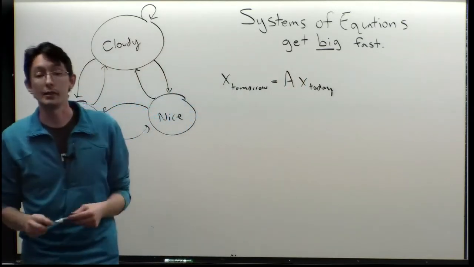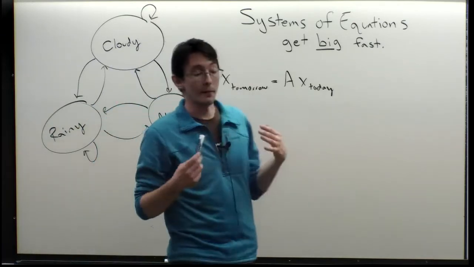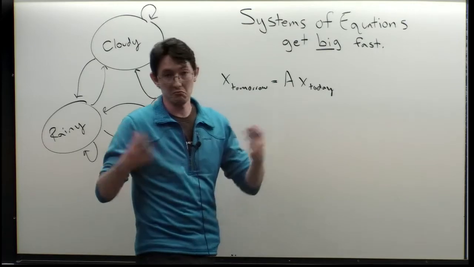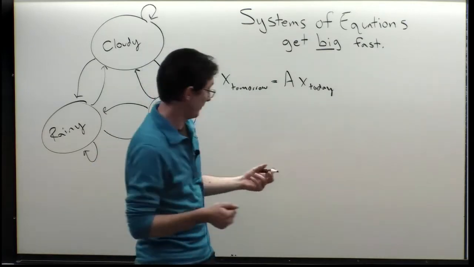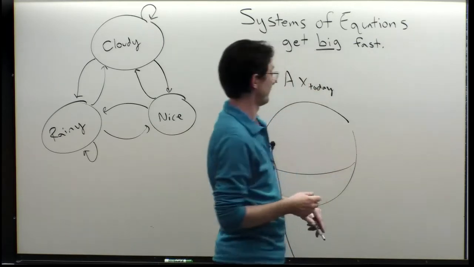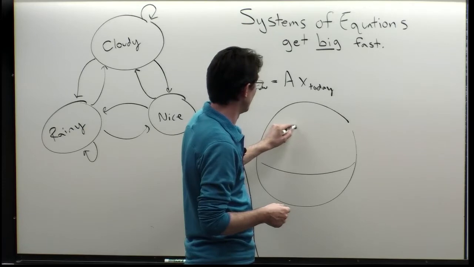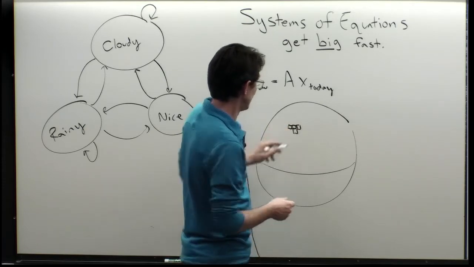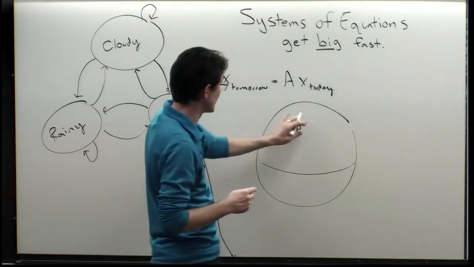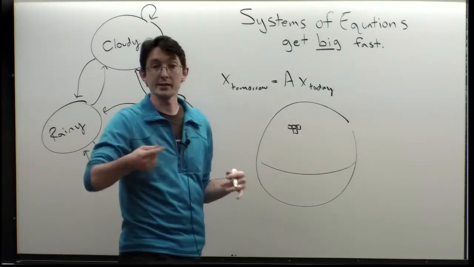Sounds simple. But this can be the basis for a much more sophisticated model of the climate over the entire globe. Let's say I look at the Earth, and I have some initial data on every square kilometer covering the entire globe on whether it's rainy, nice, or cloudy.